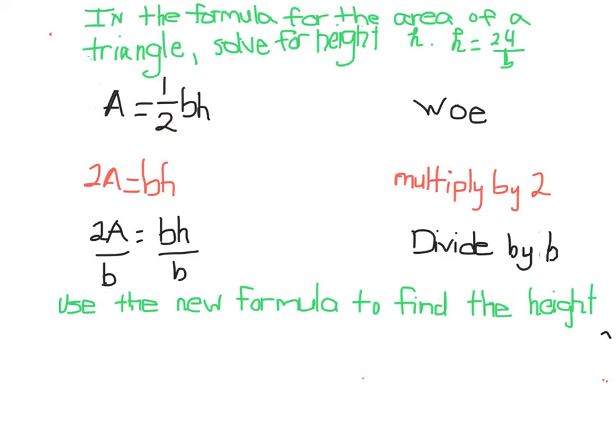That's going to leave us 2a equals bh. Now I'm going to divide by b so I can isolate the h, because that's what we were looking for here. And then I will use my new formula, h equals 2a over b, to solve the next part of this.